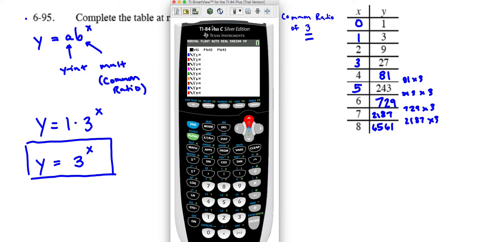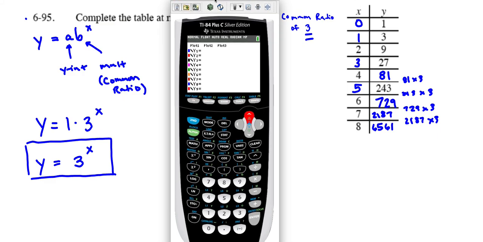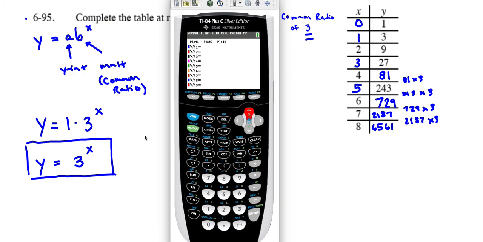And I'm just going to check my answer by typing in this function, y is equal to 3 to the power of x. Graph it. And let's check our table to see if it matches the table that we just came up with.